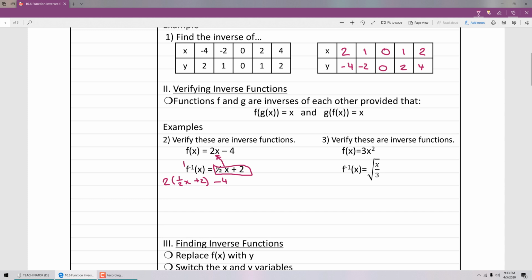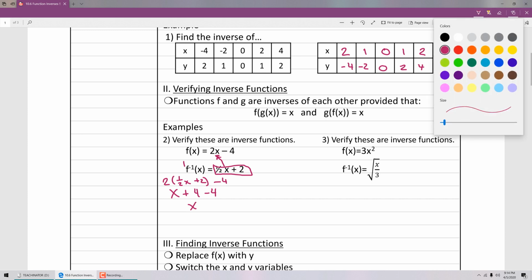So 2 times 1/2 is 1, so 1x would just be x. 2 times 2 is 4. Then we have -4 here. Then 4 minus 4 is 0, so I get just x. So far this looks like an inverse.